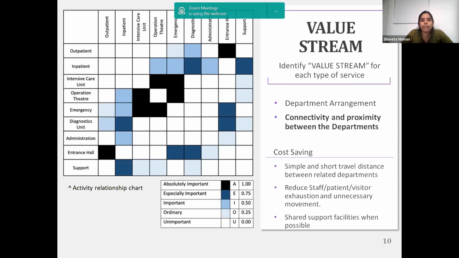Or if you've got the labor delivery and your operation theaters close by, in case of any urgency or emergency during a natural delivery, they can quickly move them into the operation theater, saves lives. So proximity and the travel distance are very important to save the expense, to make more, to make sure that there's a smooth running of all the functions in the hospital.